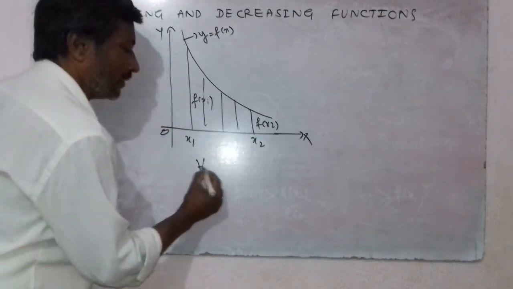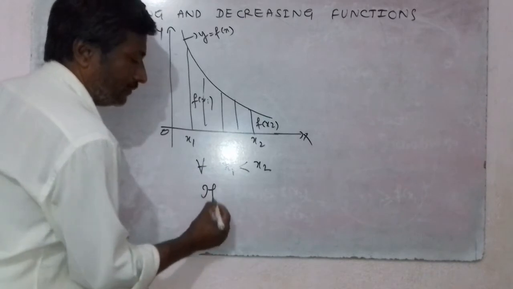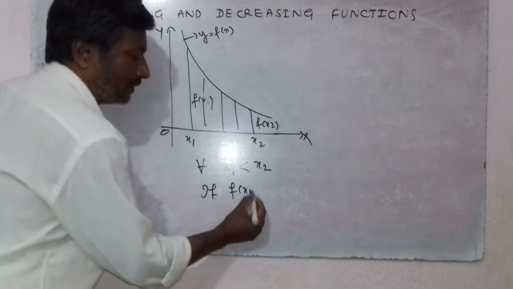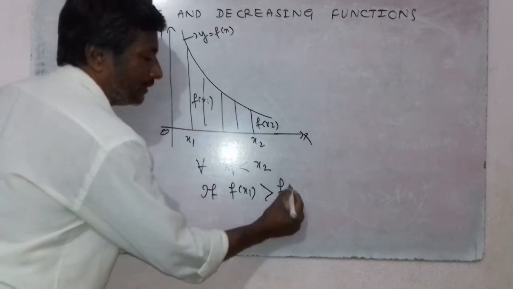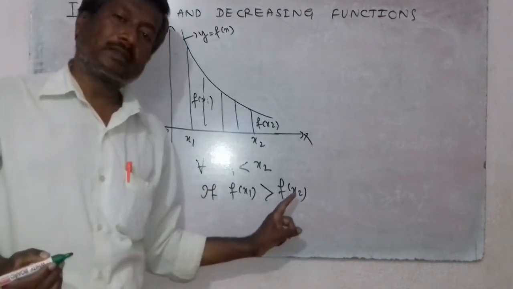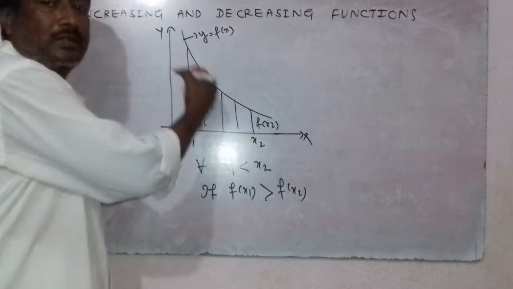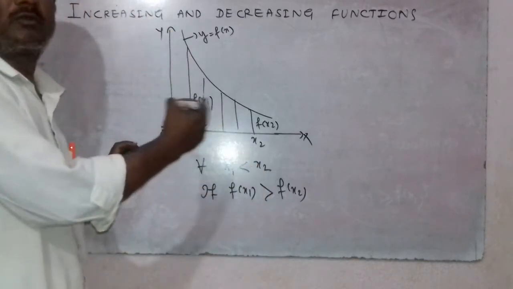So for all x1 less than x2, if f of x1 is greater than f of x2, this one is known as the strictly decreasing. There are no equal values.